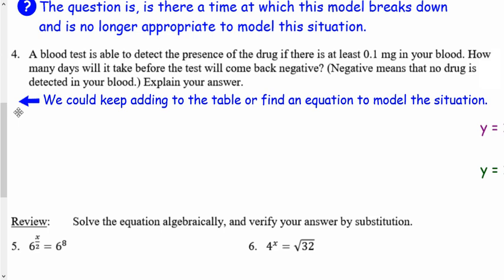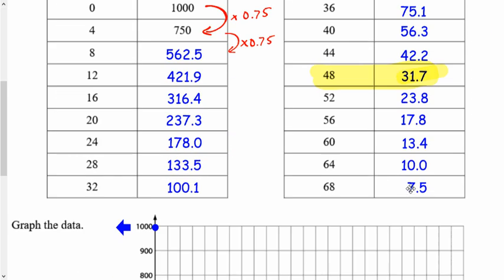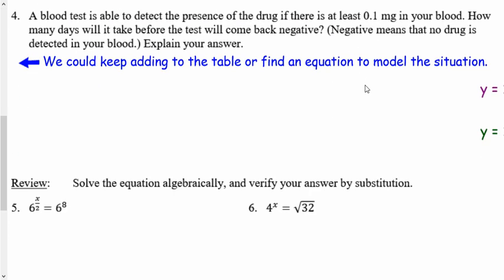We could keep adding values to the table and then count. So here in our table, we got to a point of 7.5 milligrams, and then we could just keep going on our table to see when do we get to less than 0.1 milligrams. So that's what this question is looking at, that 0.1 milligrams being the amount in your blood.